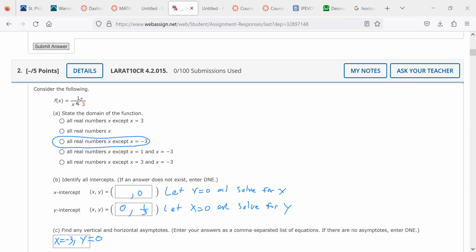For the x-intercept though, let y be 0. I want to say there isn't one.